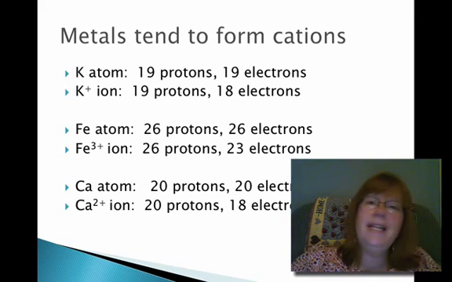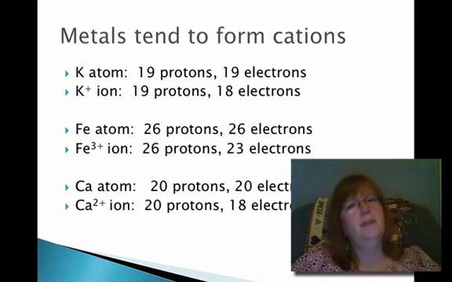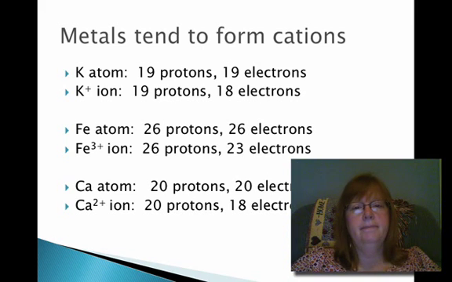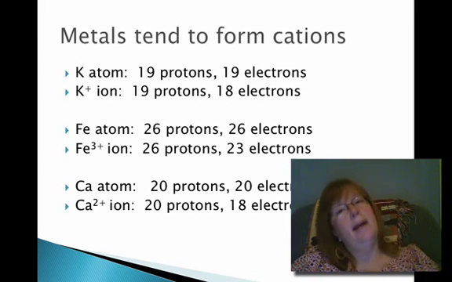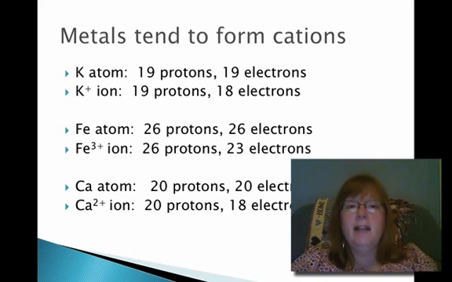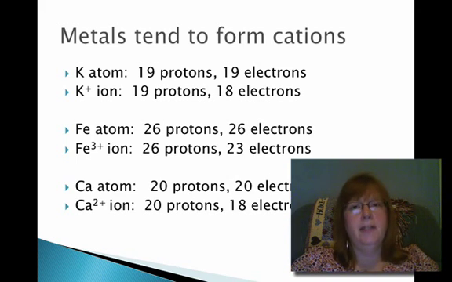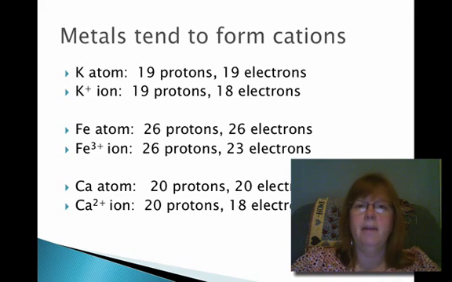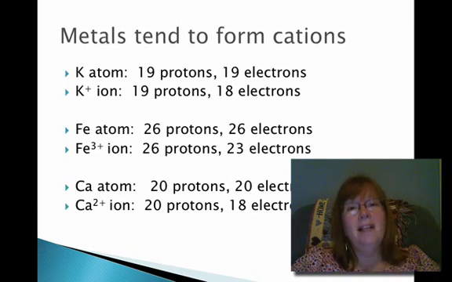So we don't have 26 electrons now, we have 23 electrons. And again, look at what happens with calcium. If calcium forms an ion with a +2 charge, we still have 20 protons because that's its atomic number. But that +2 charge, we've lost 2 electrons. So we don't have 20 electrons, we have 18.